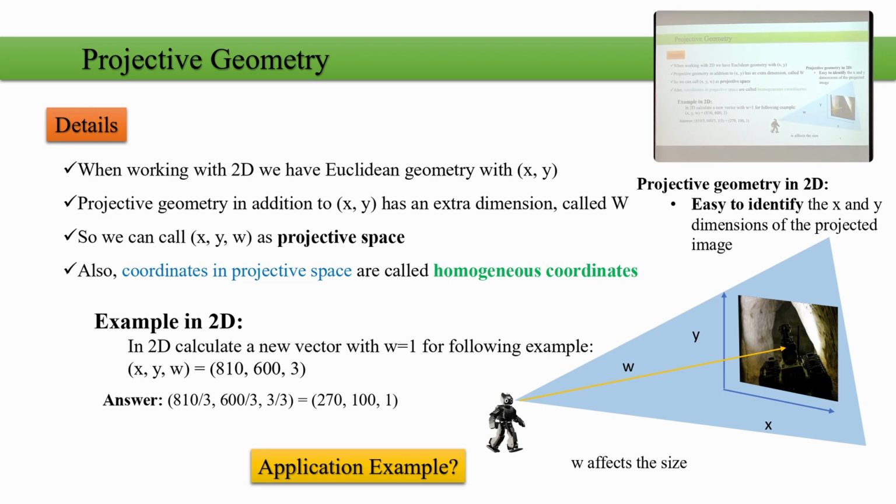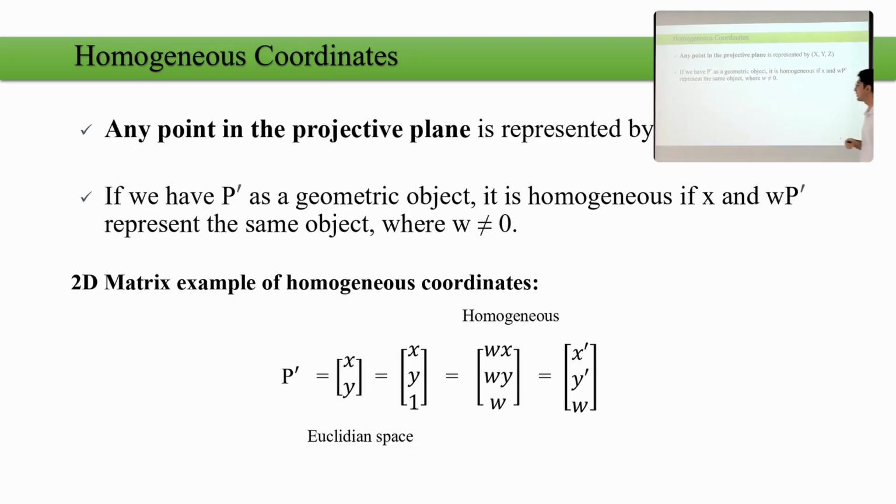Projective geometry in two dimensions is easy to identify because it is 2D and adding 1 is simple. But when we go to 3D, you need to consider a few more parameters.